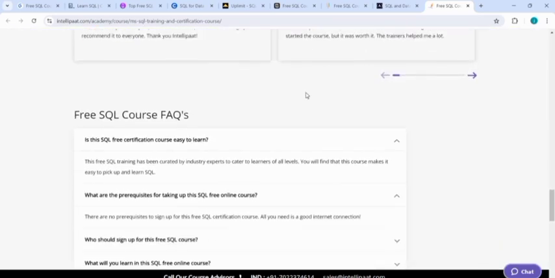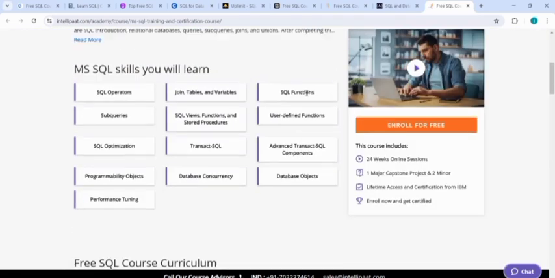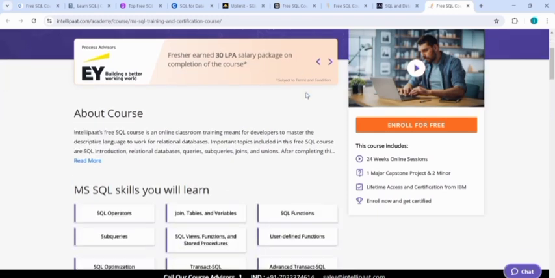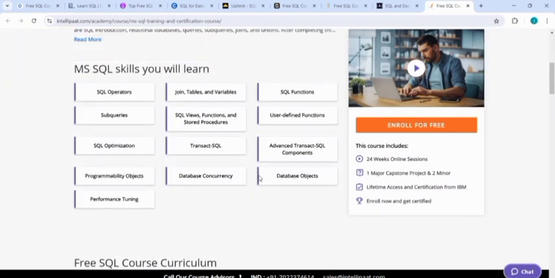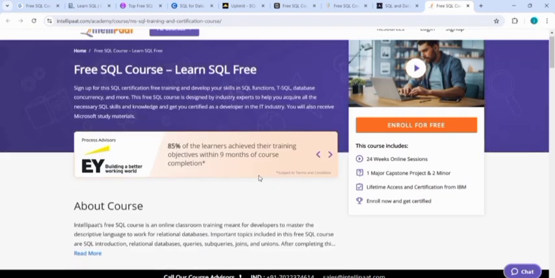And let me see, is there a membership link or not. So no, you can just complete this and get the IBM certification. So these are the important topics like SQL operator, transact SQL, SQL optimization, programmability, object, database, concurrency, and other. You can check it out.